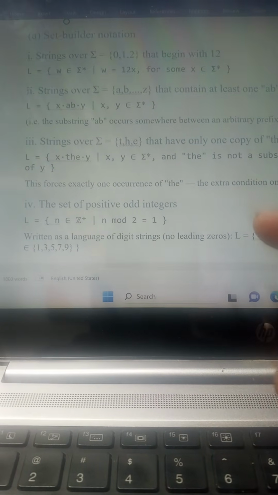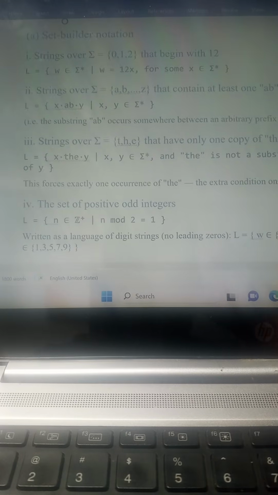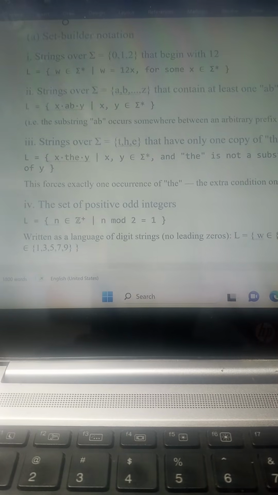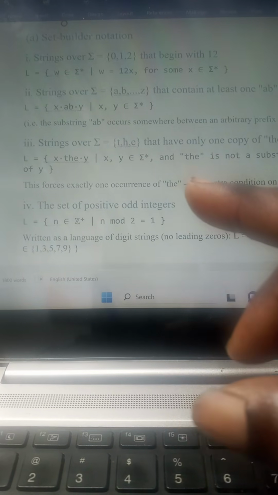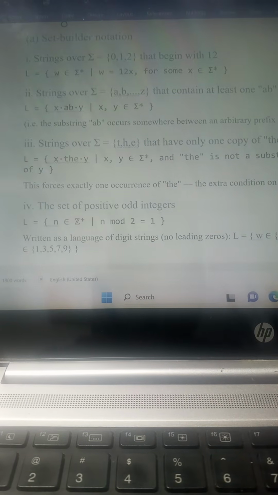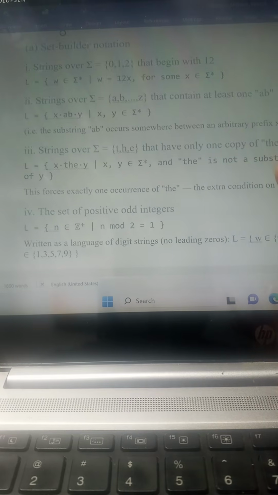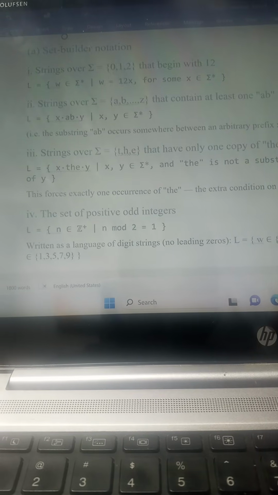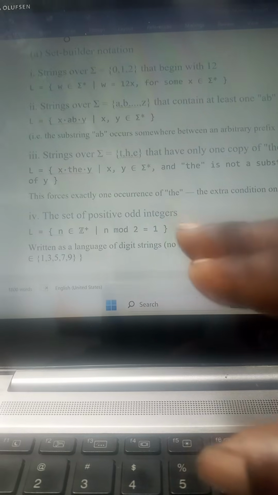So the substring THE occurs somewhere between the arbitrary prefix x and the arbitrary suffix y, and THE is not a substring of x and not a substring of y.